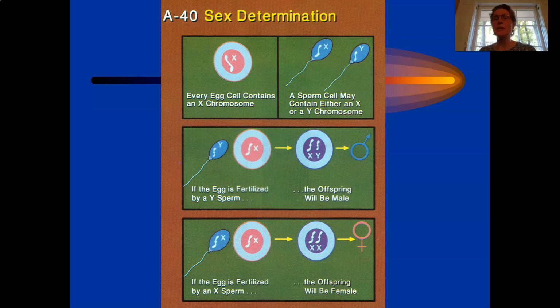It was the father's fault. Every egg has an X chromosome, all right? But the sperm determines the sex of the child. The sperm might have an X chromosome or might have a Y. If the sperm is X, then the baby is XX. That will be female. If the sperm is Y, then the baby will be XY. That will be male.